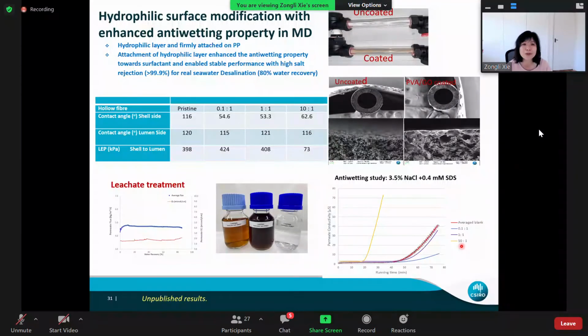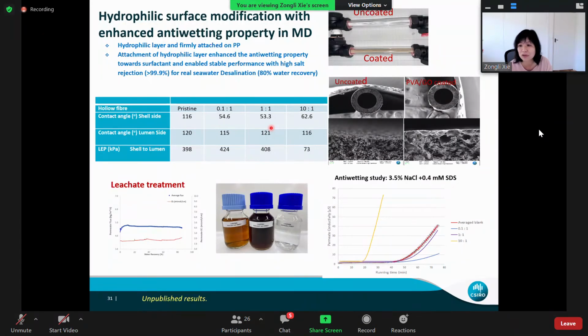We also explored, since we've done this in flat sheet, whether we can do the same for the hollow fiber. We explored the hollow fiber membrane, but we found it a lot harder to do, because the hydrophilic and hydrophobic materials have different surface properties, so having that coating layer is very different, in particular because we have been trying to avoid using solvent and use an aqueous base.